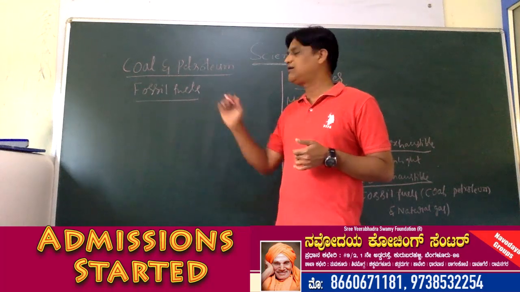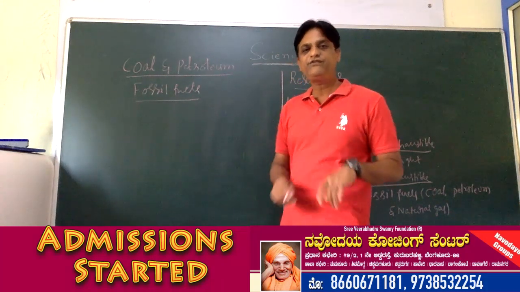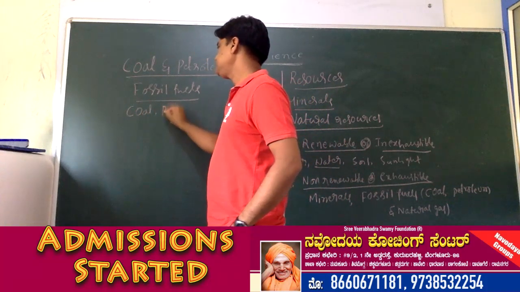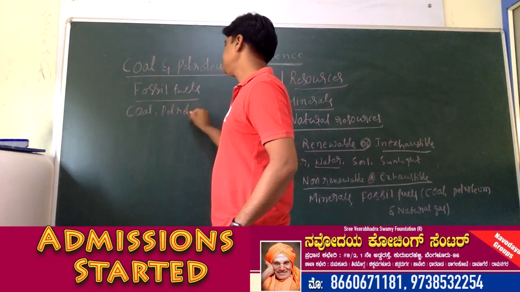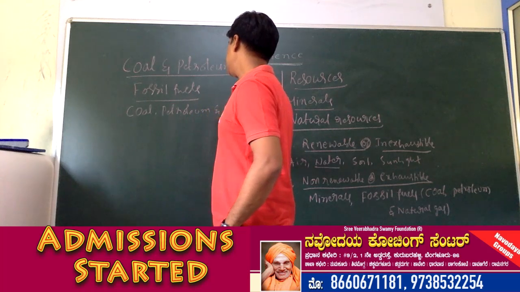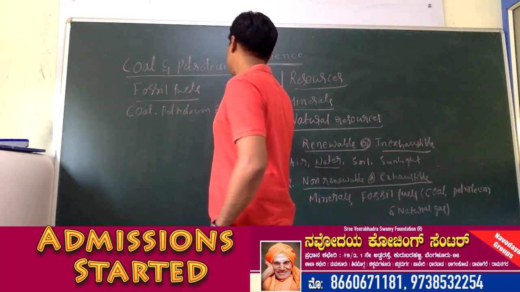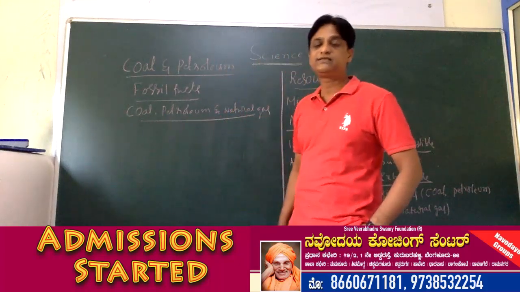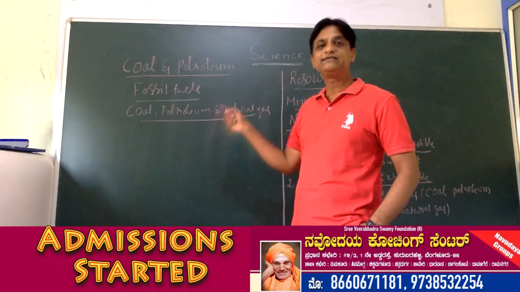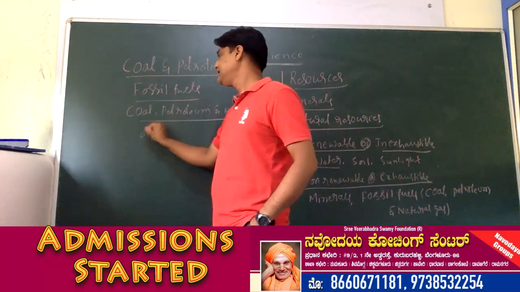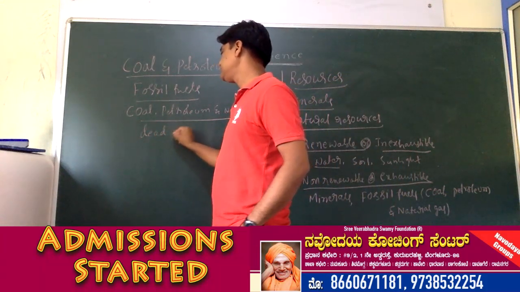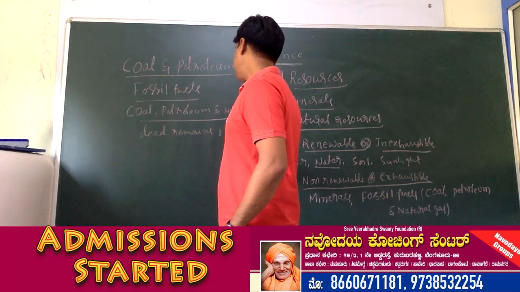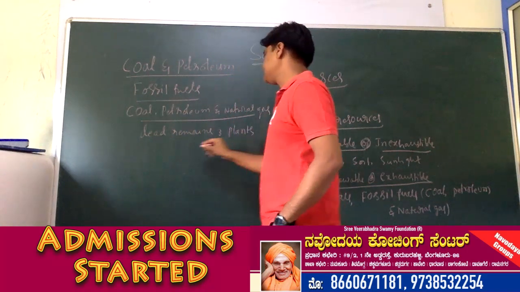All fuels are not called fossil fuels. So which are the fuels that are called fossil fuels? Coal, petroleum, and natural gas. They are called fossil fuels because these fuels have been formed from dead remains of plants and animals.